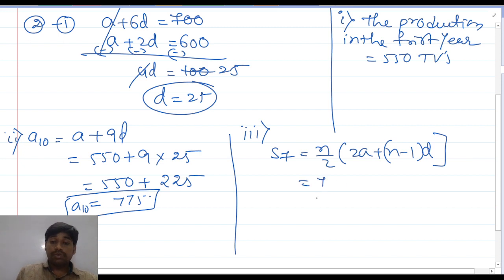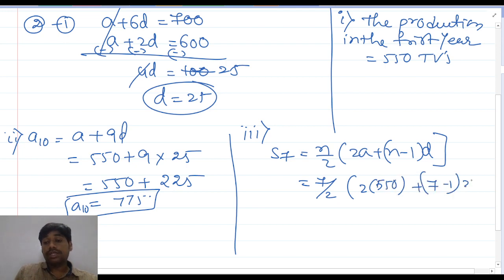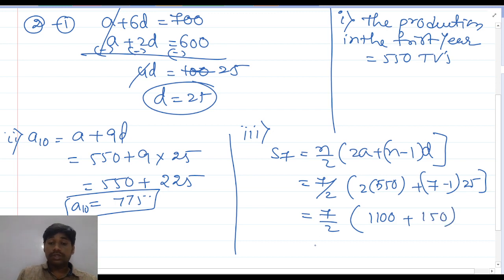So 7 upon 2 into 2 into 550 plus 7 minus 1 into 25. So 7 by 2 of 1100 plus 6 into 25, which is 150. 7 by 2 of 1250.